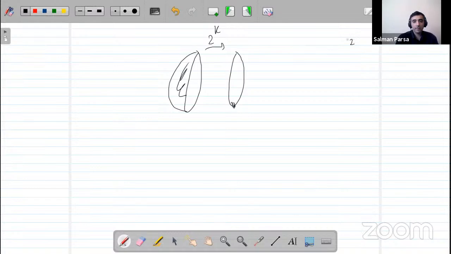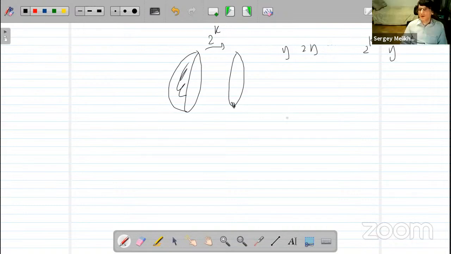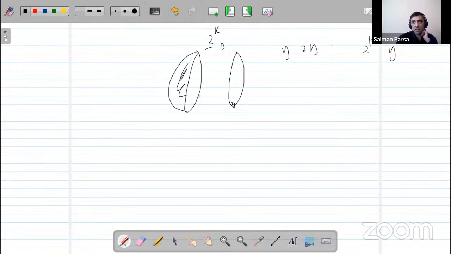So there will be eta, and there will be 2 times eta, and all the way to, I think, 2 to the k minus 1. Well, I see that in this case you have a cycle modulo 2 to the k. But this is always the case.